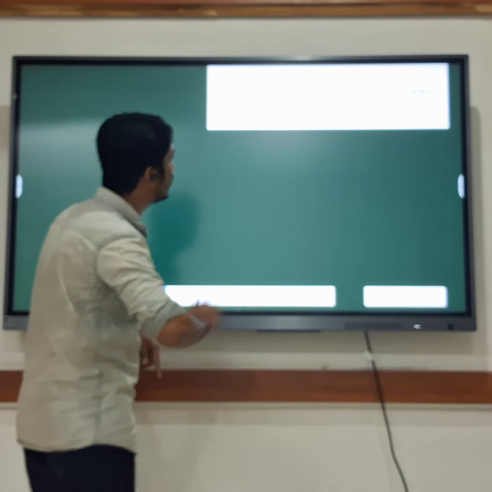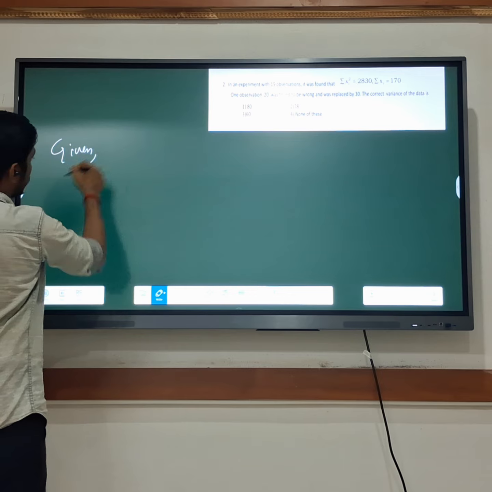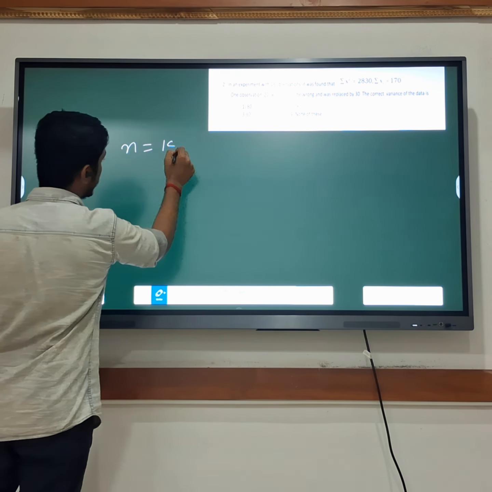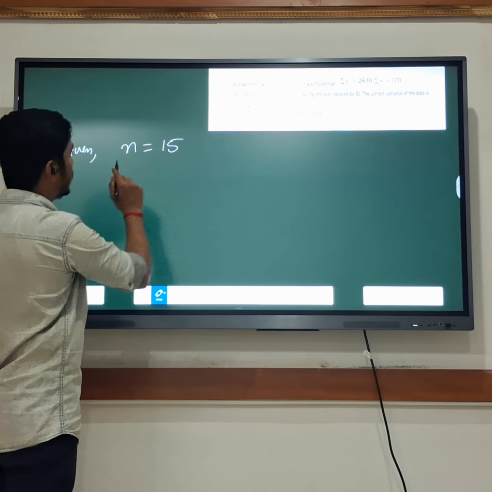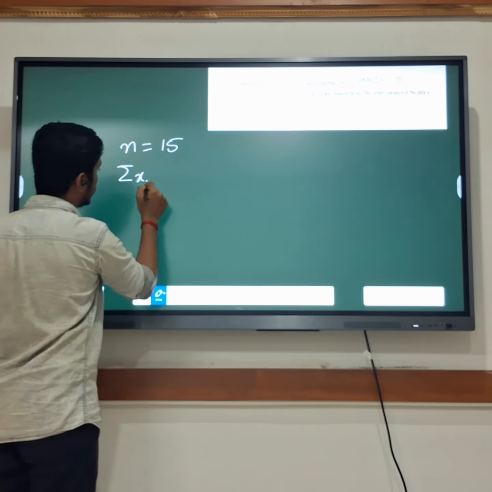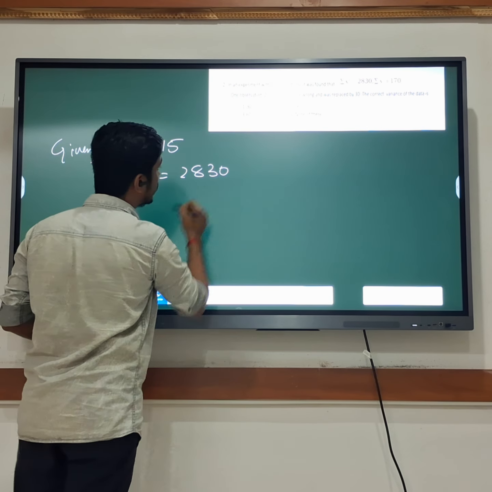So what is given? First write the given: n is equal to 15, total 15 observations, summation xi square is 2830, right?